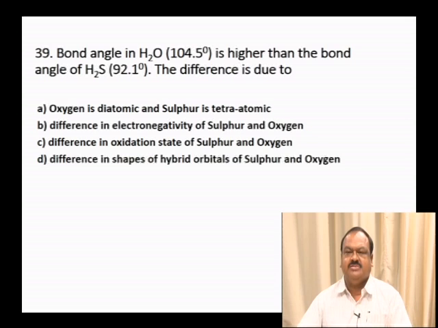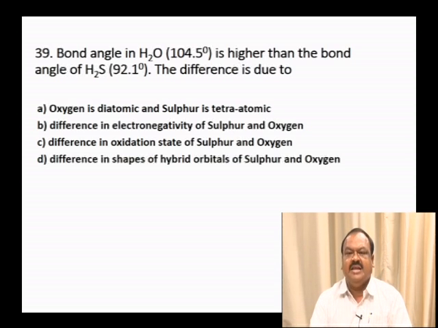In water, the highly electronegative element oxygen is present, hydrogen bonding takes place between hydrogen and oxygen, and it contains two lone pairs of electrons. But in the case of H2S, no hydrogen bonding takes place.